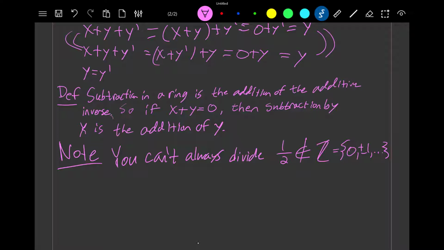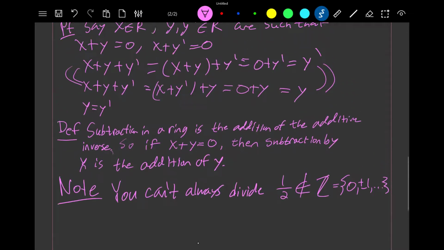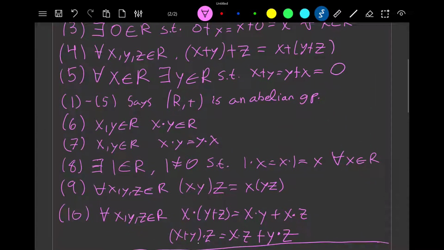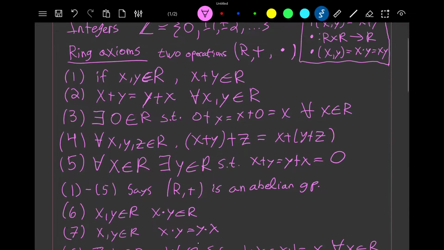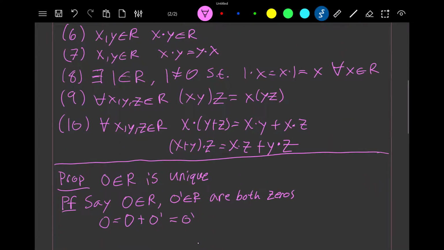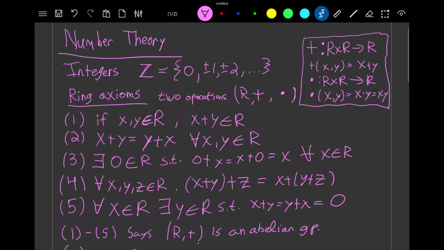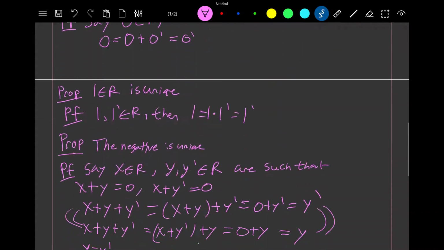So the ring is kind of the basic building block of algebraic systems. And we have these ring axioms, but you can come up with things that satisfy these axioms which are not the integers.